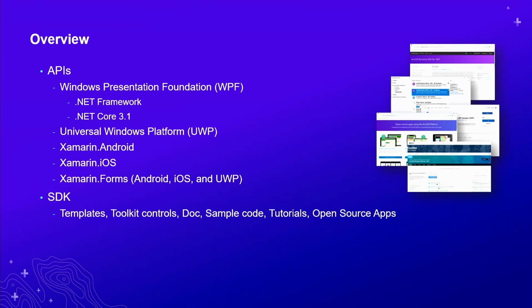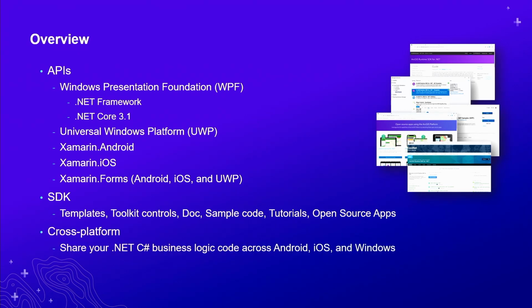We provide sample code and then building up through tutorials to help you get started quickly, right through to fully fledged open source apps. And one of the highlights of the ArcGIS Runtime SDK for .NET is because we provide support for multiple APIs and multiple platforms, you can share your .NET C# business logic across Android, iOS, and Windows.